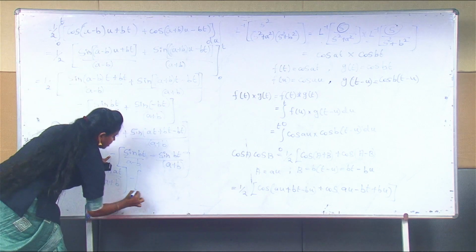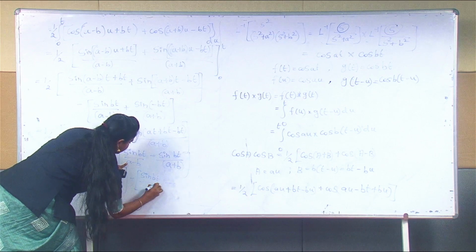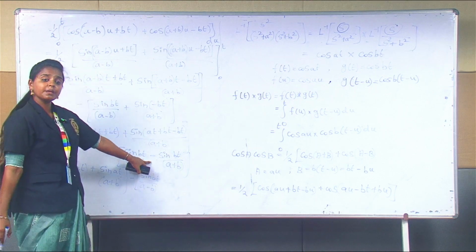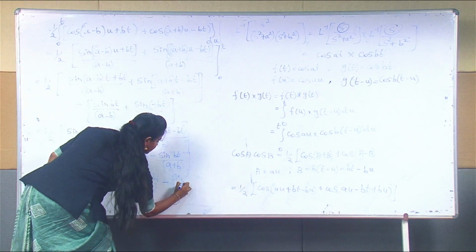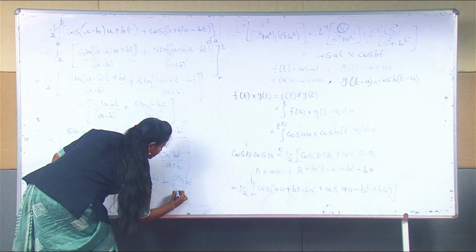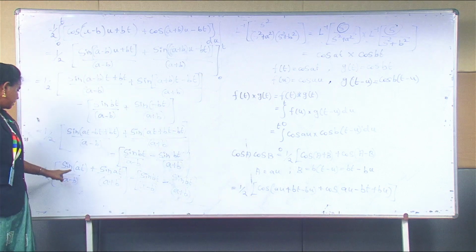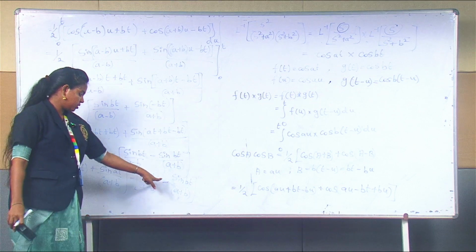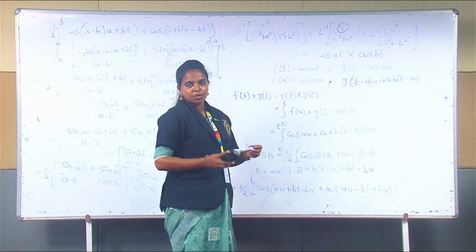When coming to this term, it is also having sine bt minus sine bt divided by a minus b, and minus sine bt divided by a plus b. Okay, you just note that these two terms have sine at common and these two terms have sine bt common. You just take those common terms outside. Okay.